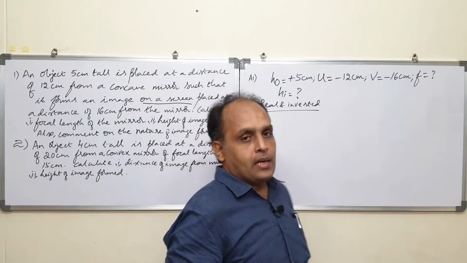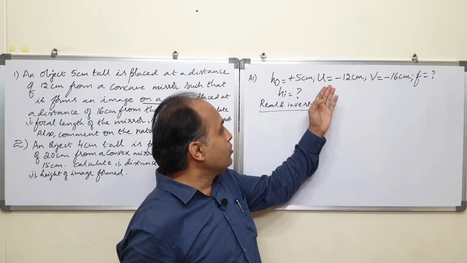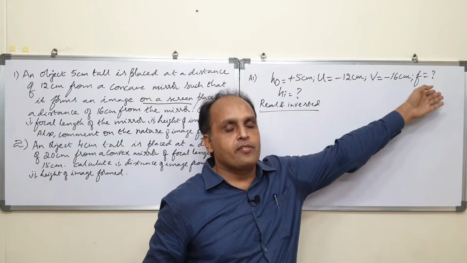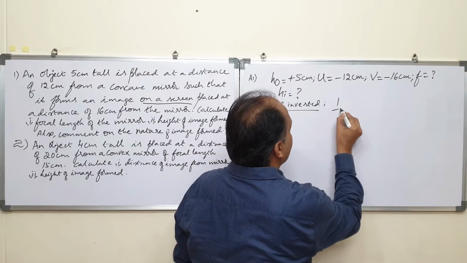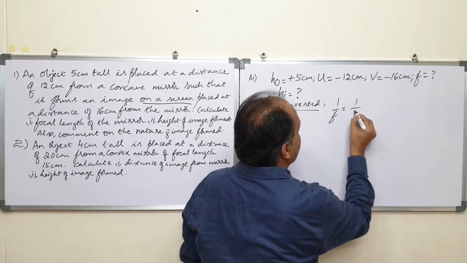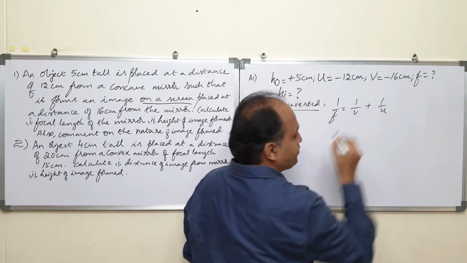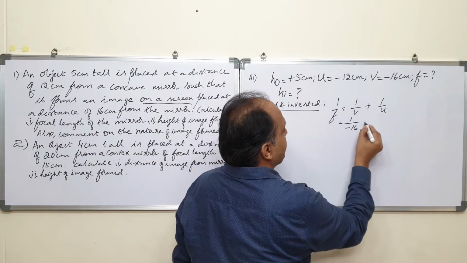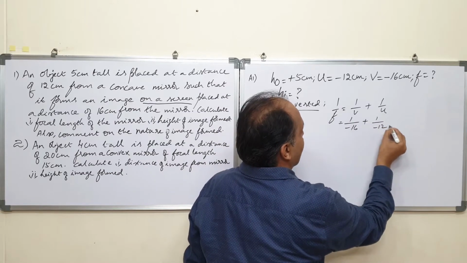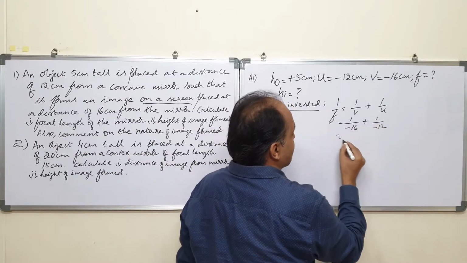Alright. Now we have u, we have v, and we have to find f. So the mirror formula which we just learnt is 1 by f is equal to 1 by v plus 1 by u. Which is 1 by minus 16 plus 1 by minus 12. Both of them are negative.